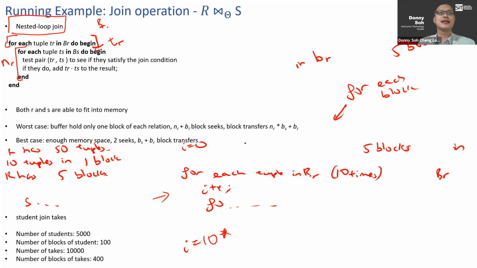But because there are 5 blocks in my R, I need to multiply by 5. And so this turns out to be 50, which is the number of disk accesses, which is the number of tuples in my R. Essentially, for every tuple we need to do one disk access, of my inner block. So that is it. Is that clearer? Or is it still as confusing?